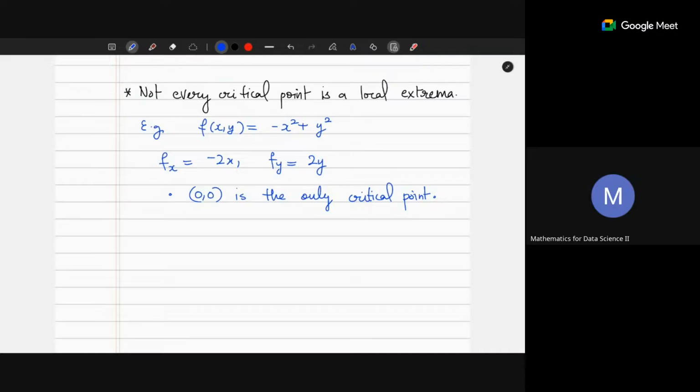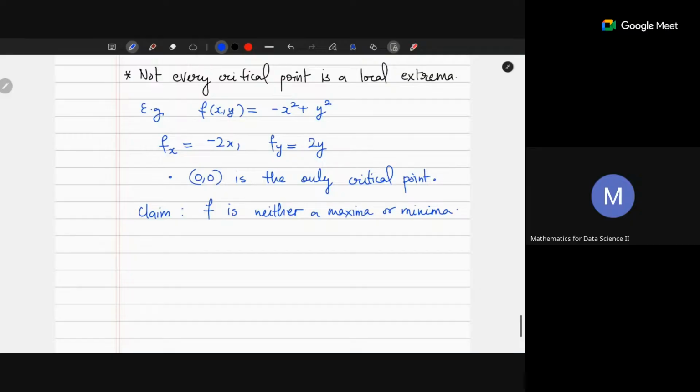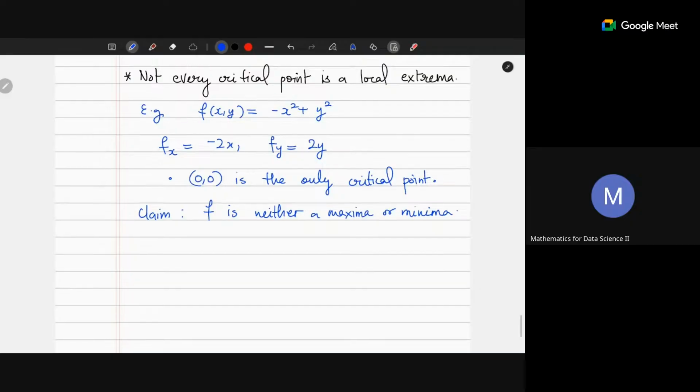So my claim is that f is neither a maximum nor a minimum. What does this mean? In order to prove that it's not a maximum, suppose I assume that it's a maximum.